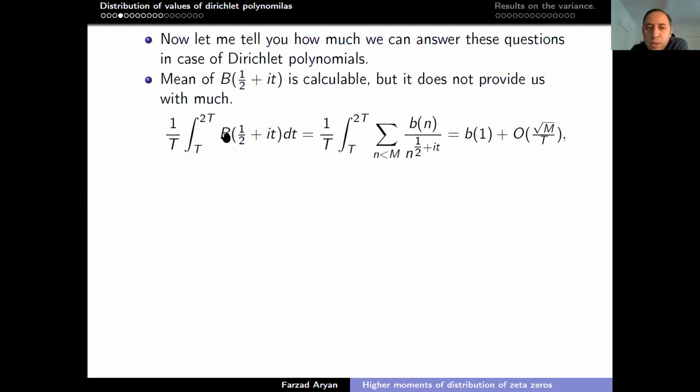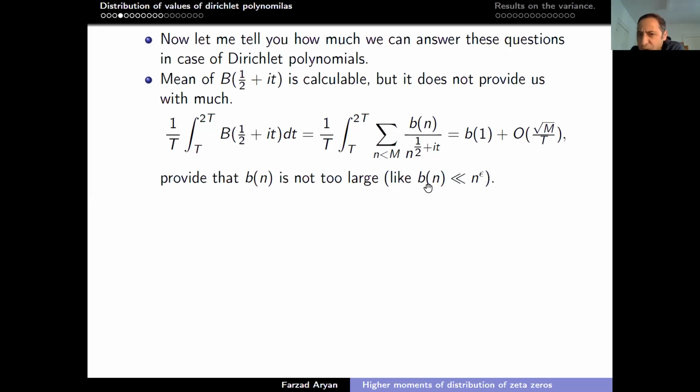If I integrate b of 1/2 plus it, integrating term by term, all the terms that have it in them oscillate, and I end up with just the constant term. Here I'm assuming that none of the coefficients go crazy and dominate the sum. But the important point is that the mean doesn't give much, the mean with respect to the Lebesgue measure, obviously.